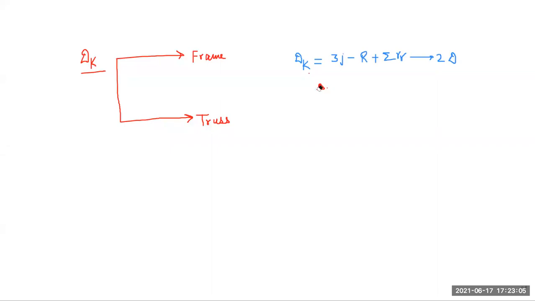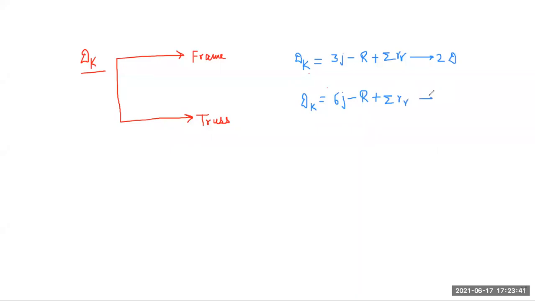Next one is for 3D. DK is equal to 6j minus r plus summation of release reactions.